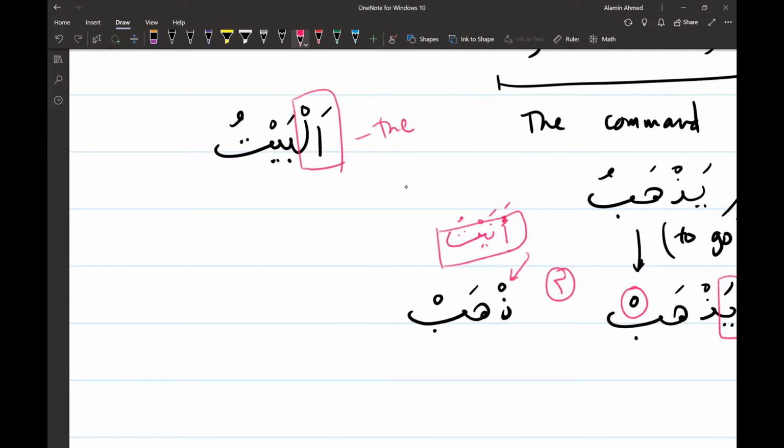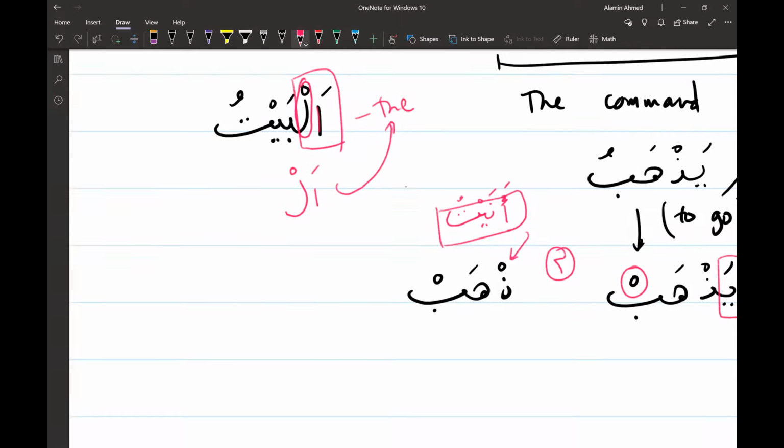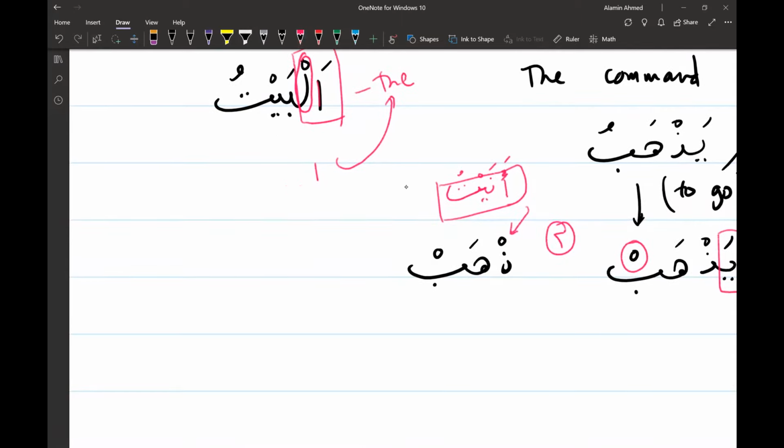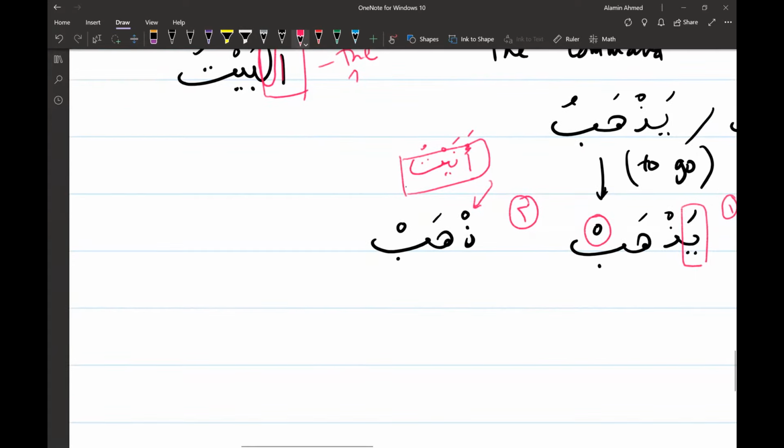But if you go into a little more detail or study some books, they will say no, the lam with sukun is your 'the'. That is the letter that makes it definite. But because it has a sukun, you just bring the hamzatul wasl to make it pronounceable. You understand? Anyway, I'm just trying to give you an idea of why these things are happening. Usually in the basic class they don't teach you this, but I'm telling you anyway.